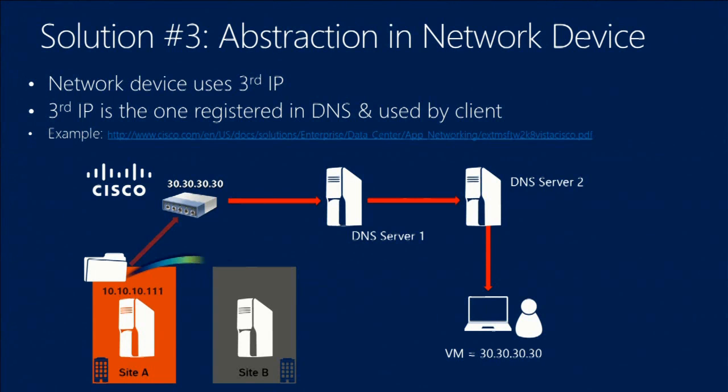So I still have my 10.10 and 20.20, but both these IP addresses are registered with this device, and this device has now the intelligence to send the traffic sent for the external IP address to one of these two IP addresses. And Cisco does provide a similar device, but I don't know about any other provider.